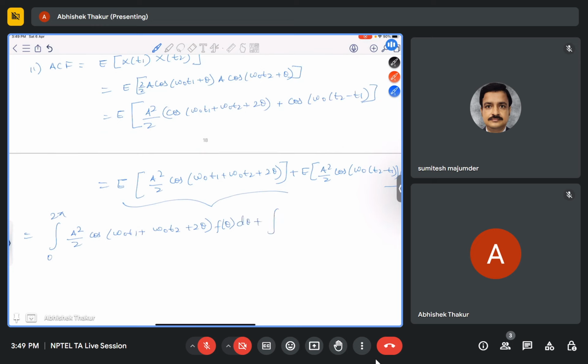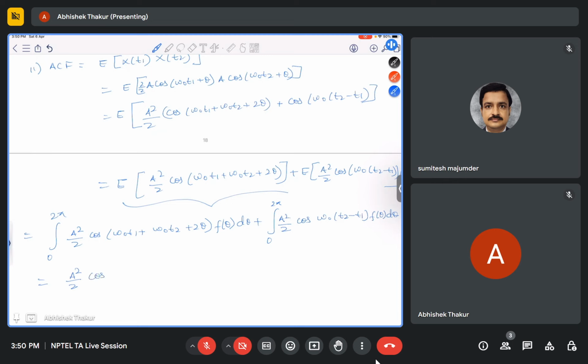For the second term, we will write the integration from 0 to 2 pi of a square by 2 cos(omega naught (t2 minus t1)) f theta d theta.